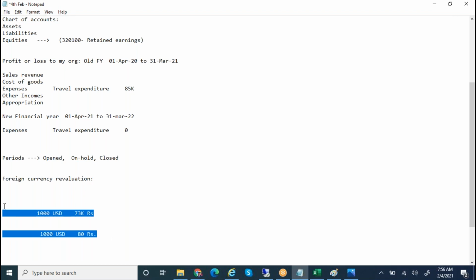Foreign currency revaluation means at the time of invoice, one price is there. At the time of payment, another price is there. Then the difference between the invoice price and the payment price is posted to the gain or loss accounts. Understood the concept?